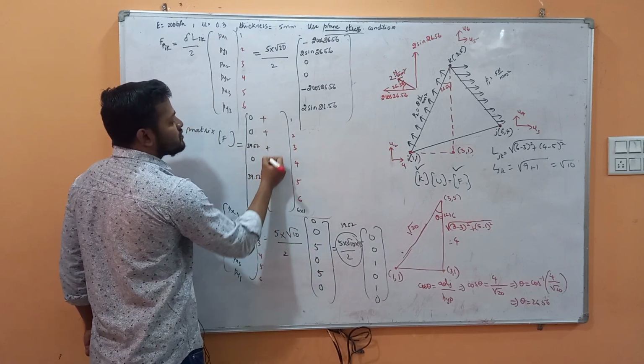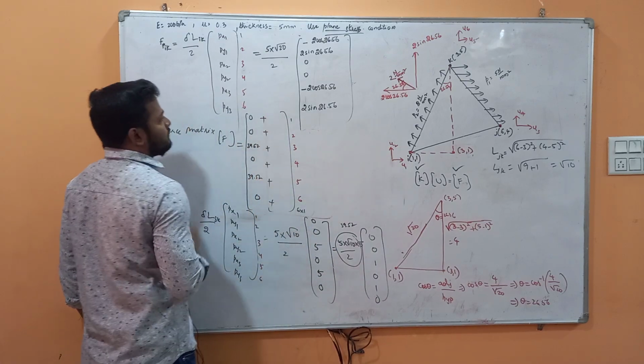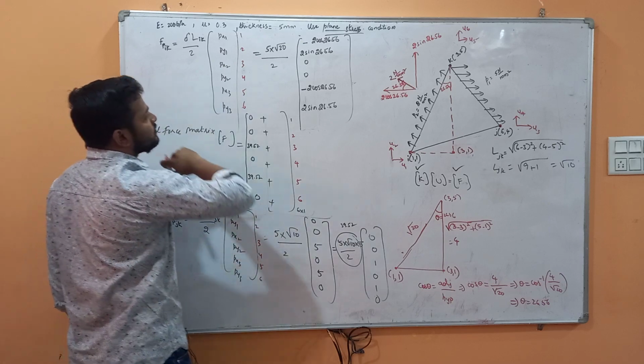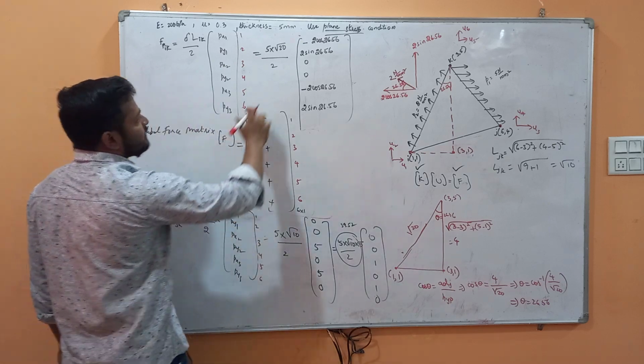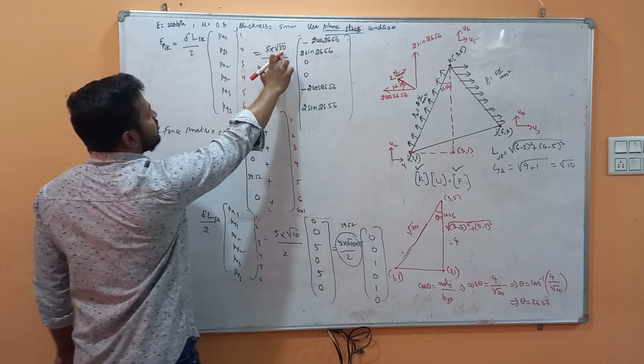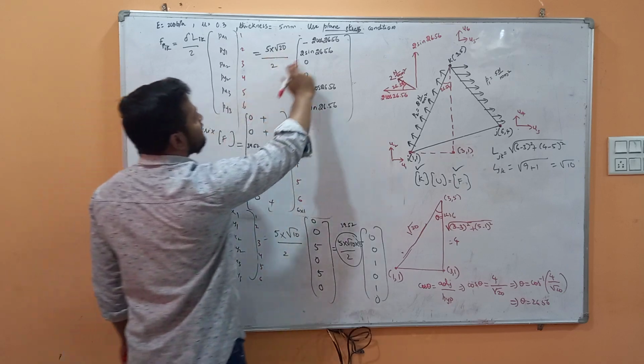Plus the values of element 2, for the second force, we have the value 5 into root 20 by 2 multiplied by this.